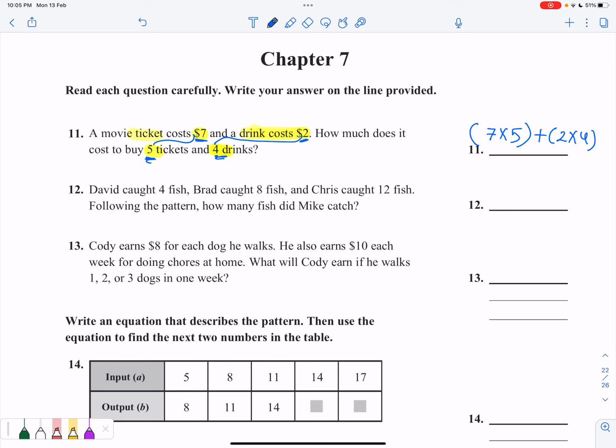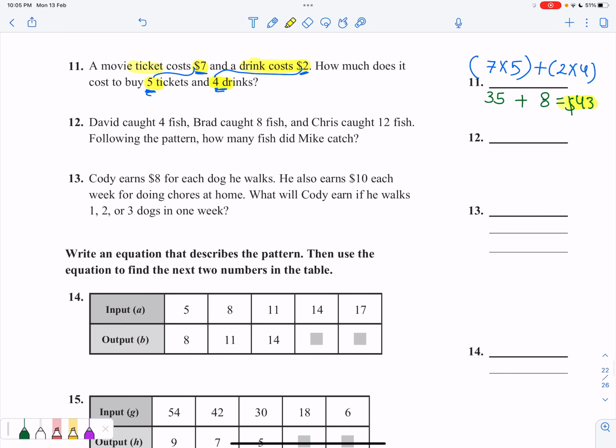Now let's calculate that. 7 multiplied by 5 is equal to 35, plus 2 multiplied by 4, that is equal to 8. So let's add 35 plus 8, that is equal to, I guess, $43. So this is the total cost, equal to $43.